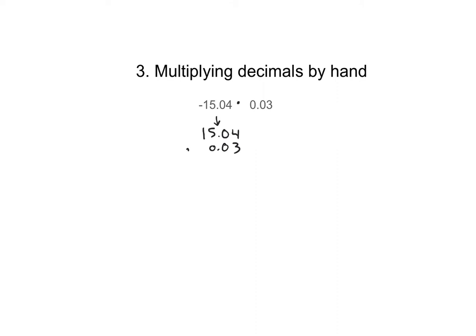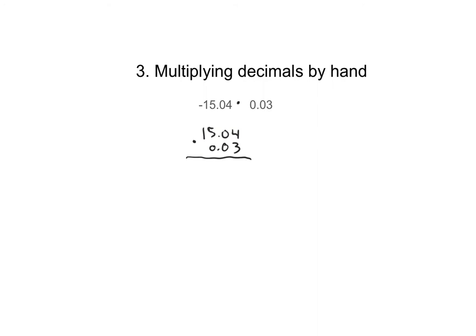What you want to worry about lining up is that last number in your product. So we want to line up those 3s and those 4s because those are the last numbers in our product. The reason you don't need to worry about lining up that decimal is because we're going to go ahead and kind of ignore the decimals.